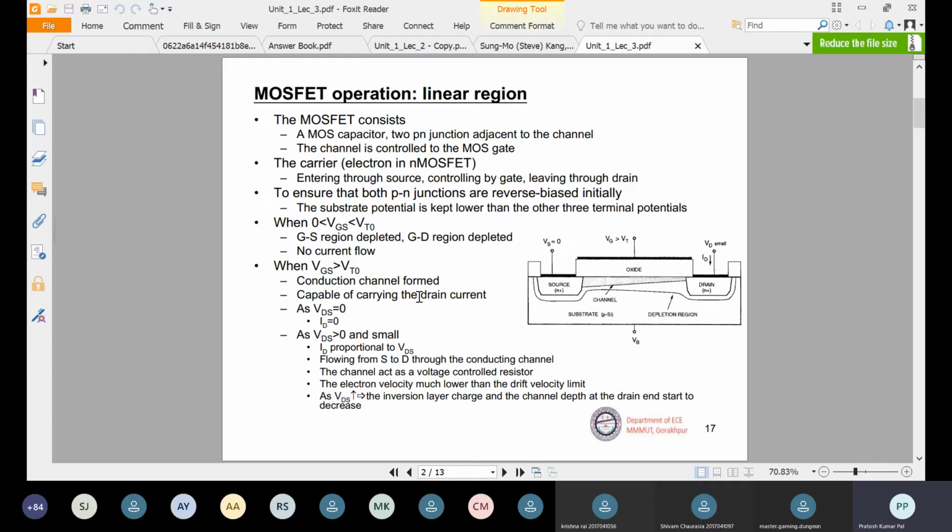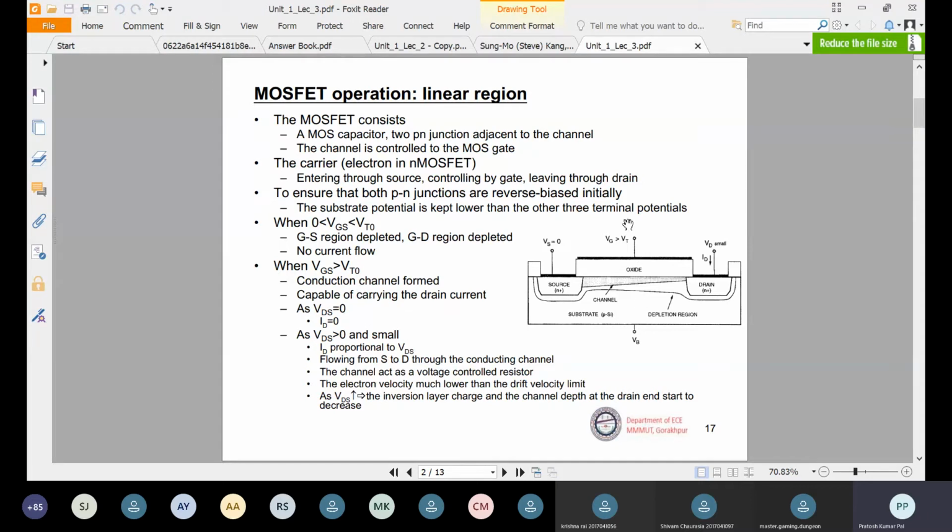Current will be flowing from drain to source, but electrons will be moving from source to drain. So the current direction is this way, drain to source, but the electron direction is from source to drain. This we will be analyzing for different cases.